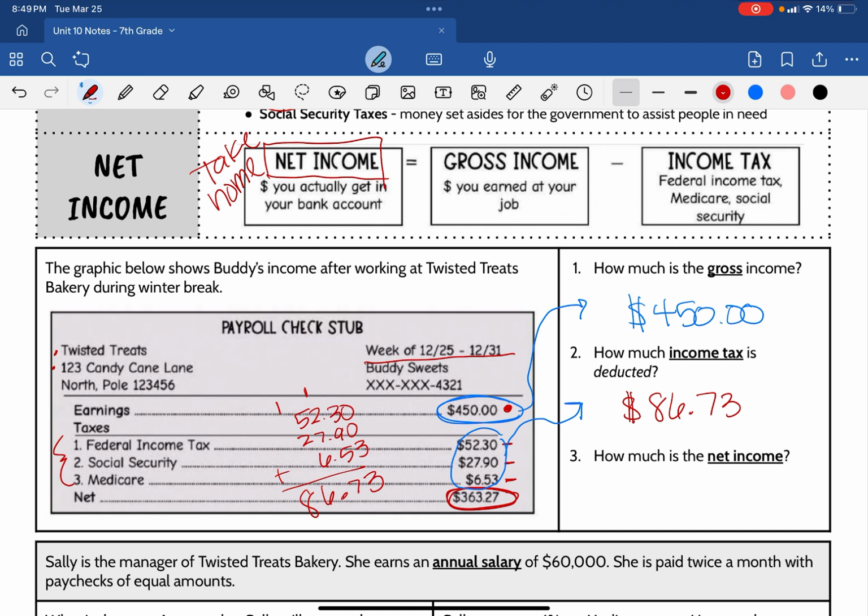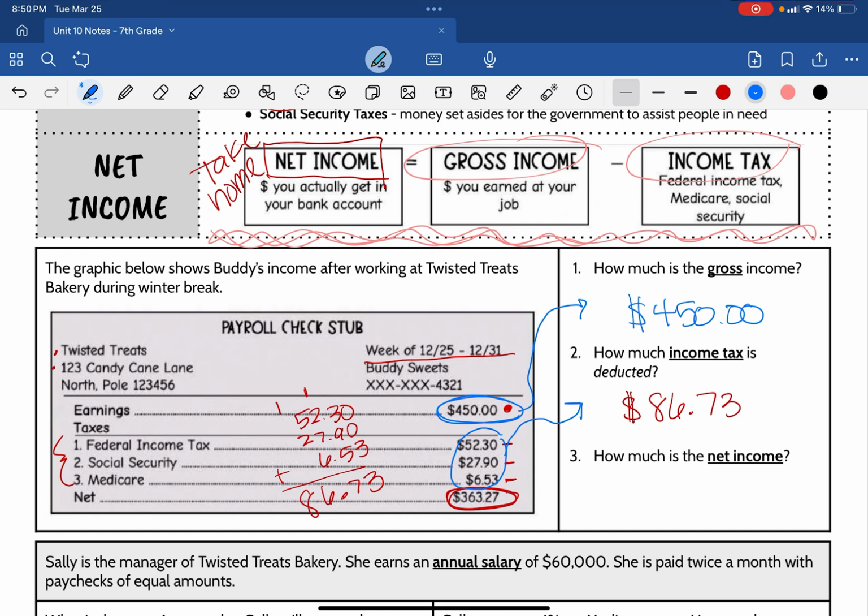And then the last thing on here is how much was the net income. If you go back up here, this tells me I'm using this process right here to find my net income. So it's going to be my gross minus my income tax. So go back. What was my gross? $450. What was my income tax? $86.73. But they already did the math for you on your payroll stuff.